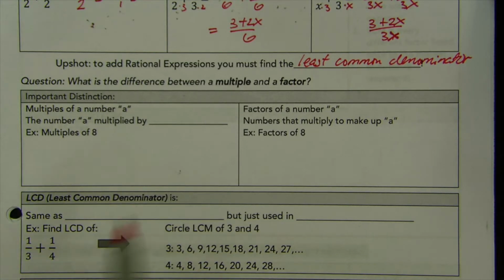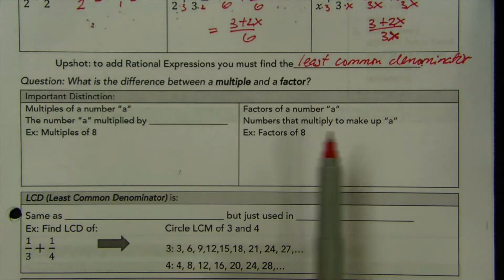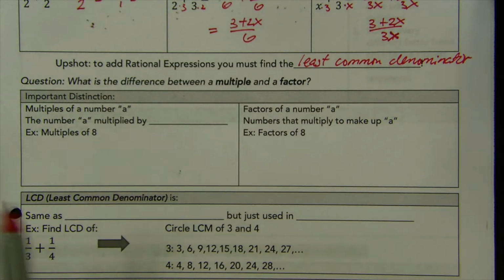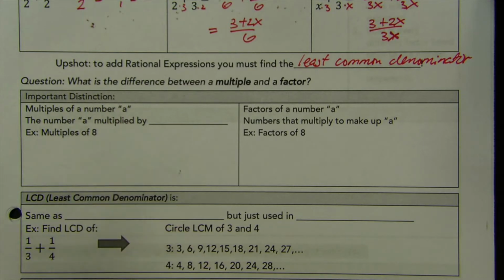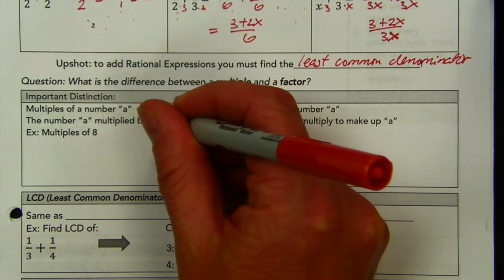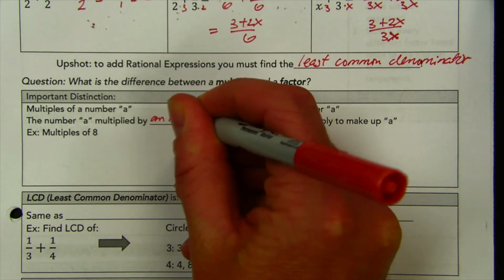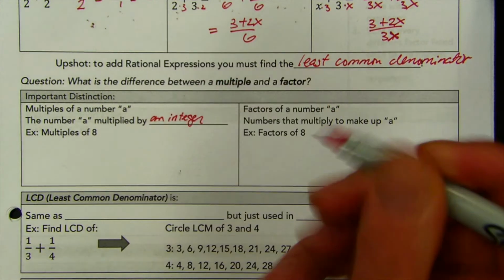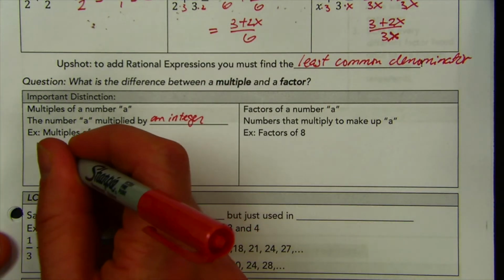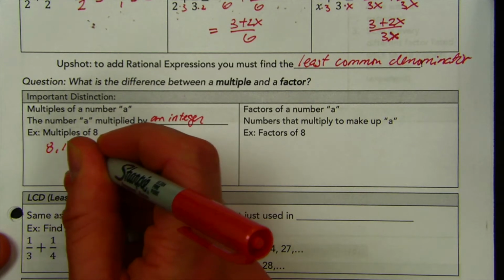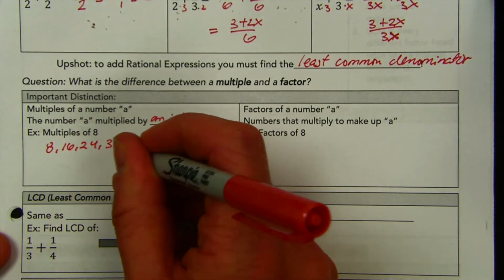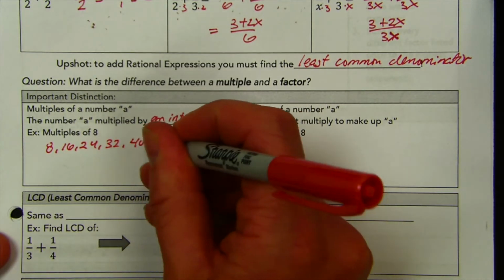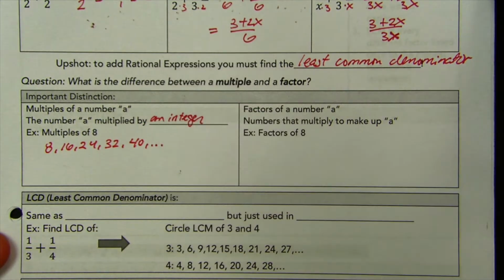However, let's go back to some background information you need to know to do these. So there's just a multiple and a factor. All right, let's say multiples of a number a. The number a multiplied by an integer. Okay, so multiples of 8 would be 8 times 1, 8 times 2, 16, 8 times 3, 24, etc., 32, 40, and it goes on and on and on.